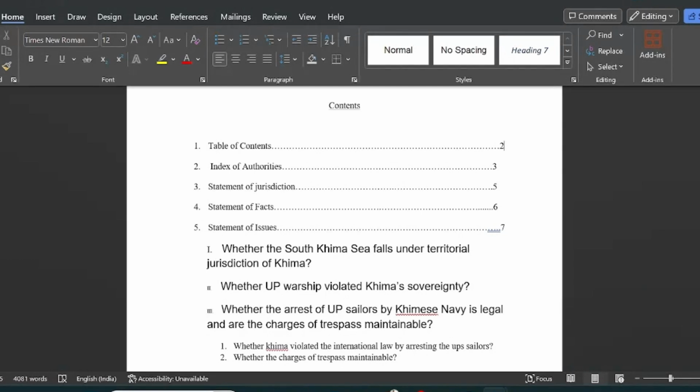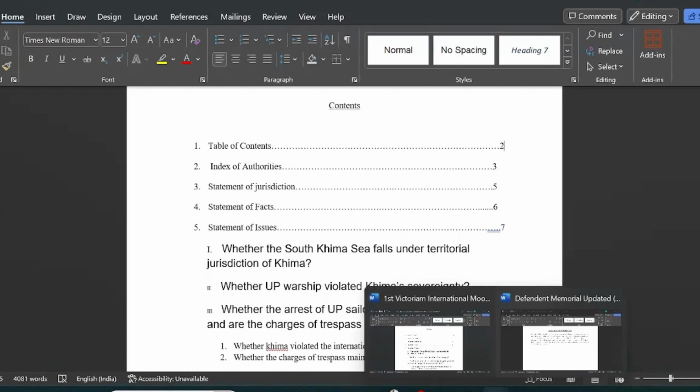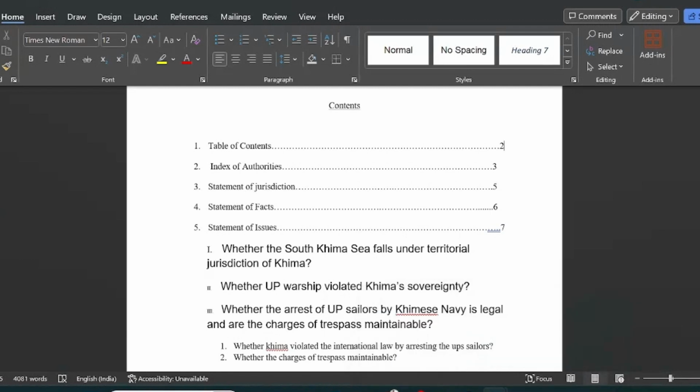Statement of issues we'll now be considering. This sequence, confuse मत होइएगा. This sequence has to be followed in accordance to the instructions that have been provided to you in your instructions guide, which you will receive after or before registrations. So don't get confused. Statement of facts तक हो गया.